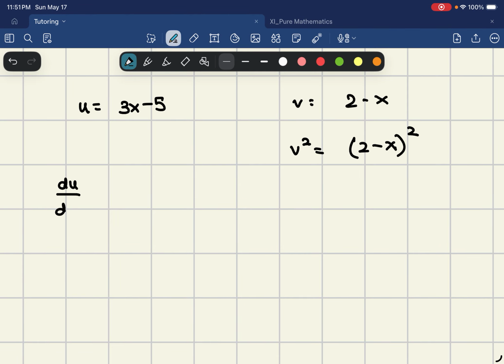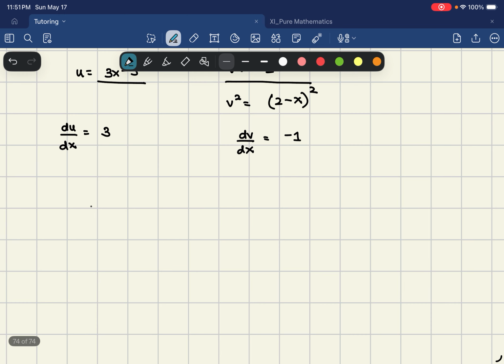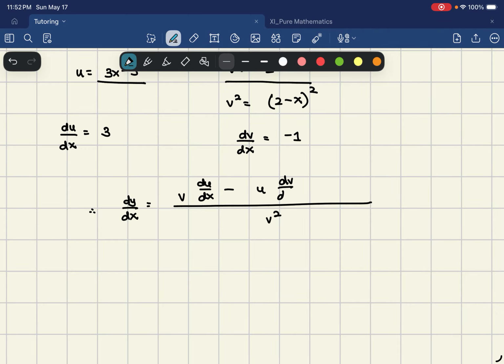du by dx is going to give me 3. dv by dx is going to give me minus 1, right? If you differentiate this expression, you get minus 1, and if you differentiate this expression, you get positive 3. So therefore, dy by dx, where y is equal to u over v, is going to be v du by dx minus u dv by dx, all over v squared.